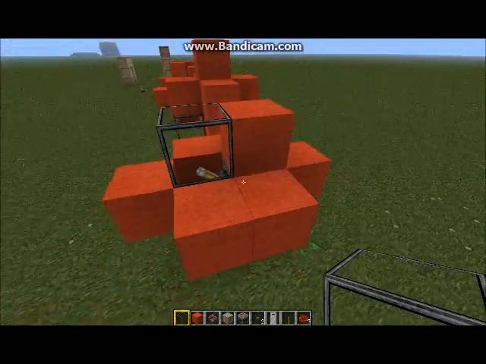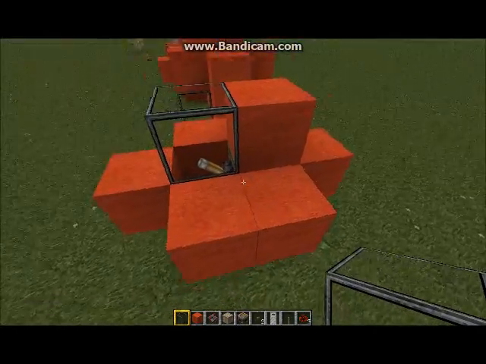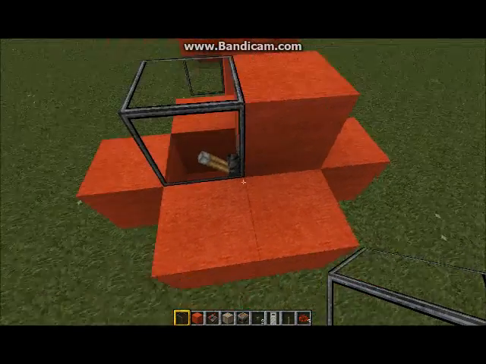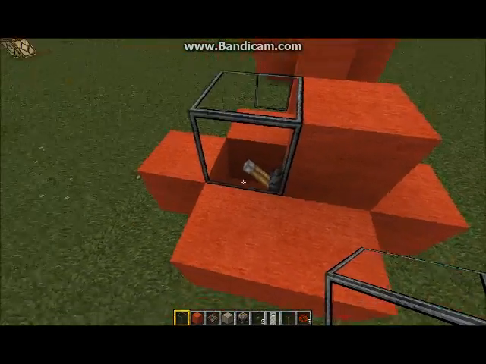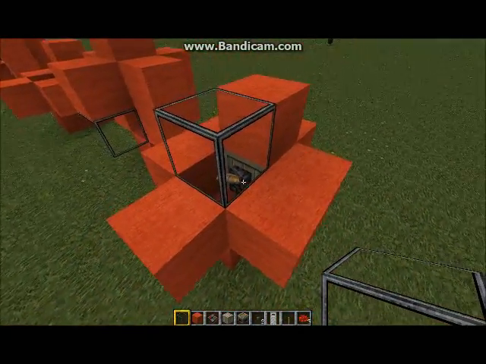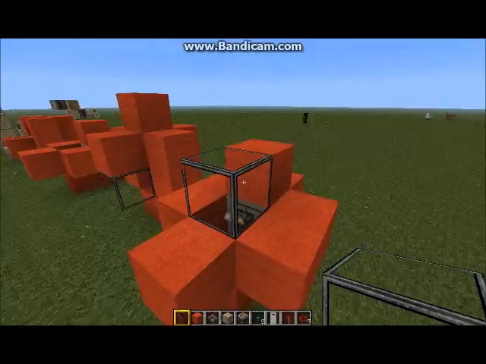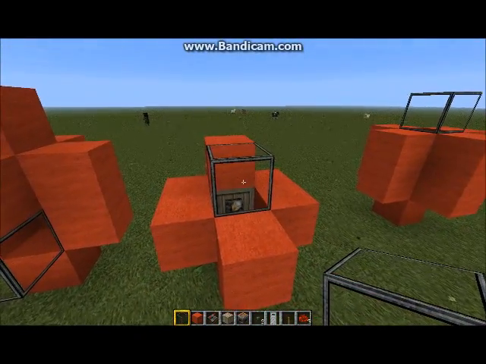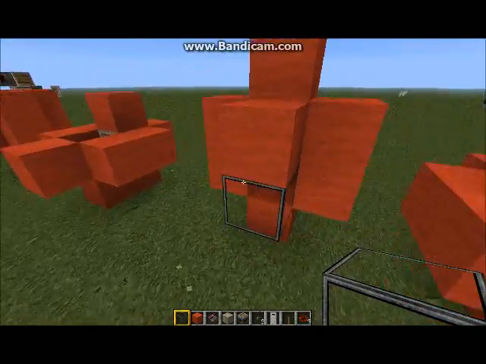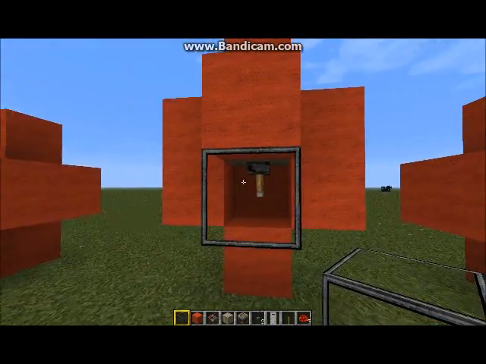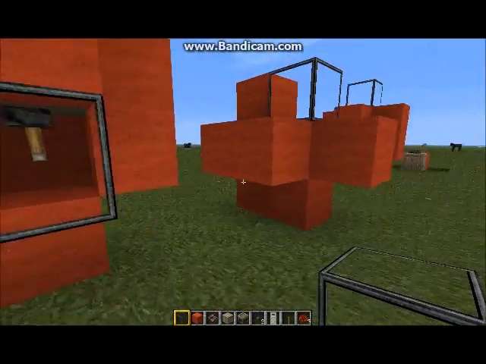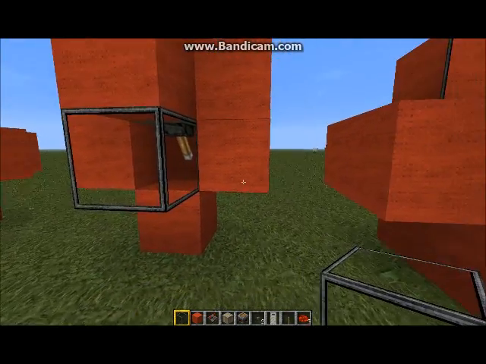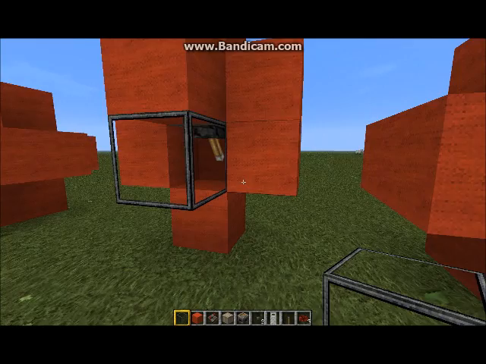So every square adjacent to this block that the lever is attached to, and everything adjacent to the lever except for the one directly above it, would have a device operated if it were in that space. This glass block is just so you can see where the lever is, but you could put redstone dust in there. You just couldn't see where the lever is.